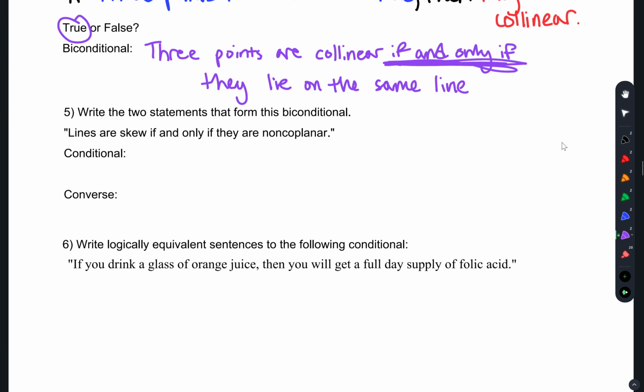Okay, a couple more. Write the two statements that form this biconditional. Lines are skew if and only if they are non-coplanar. What's my hypothesis?